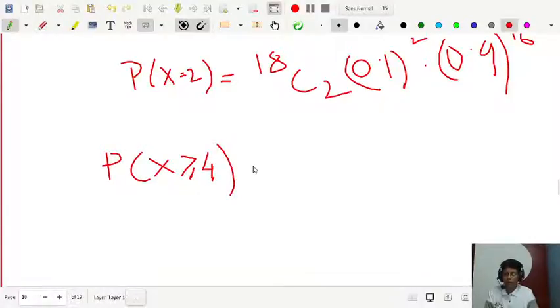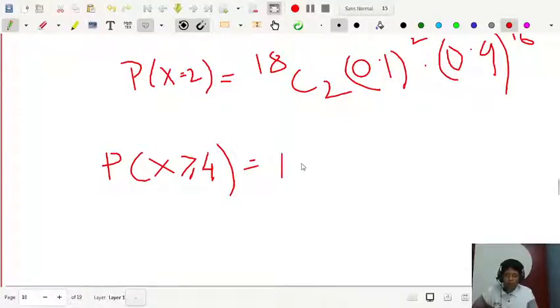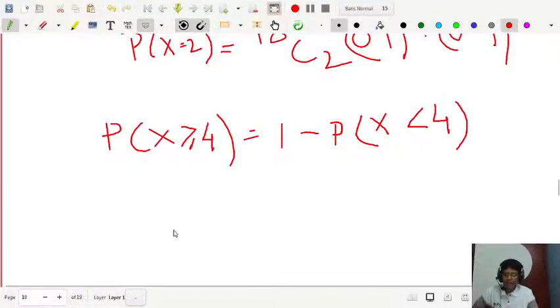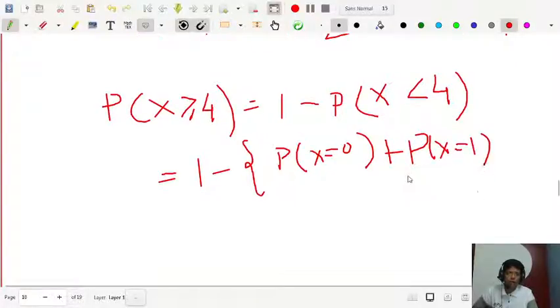You could calculate x equal to 4, x equal to 5, x equal to 6 until 18, so it's better to calculate the complementary part: 1 minus the probability of x less than 4, that will be equal to 1 minus the probability of x equal to 0 plus x equal to 1 plus x equal to 2 plus x equal to 3, this way.